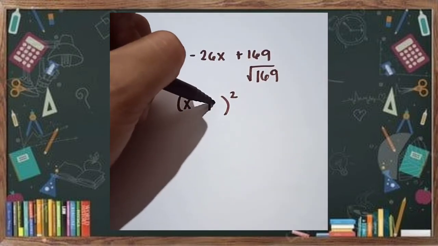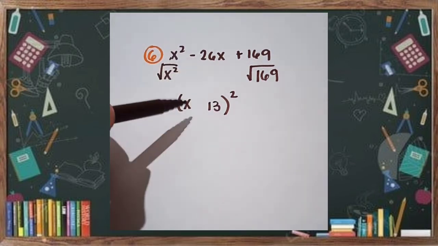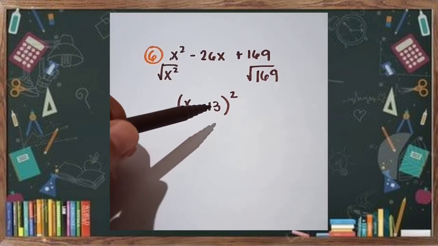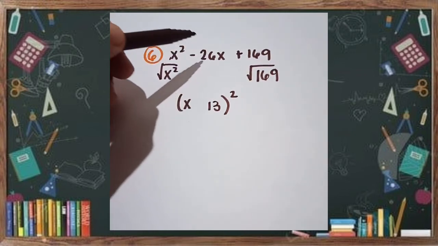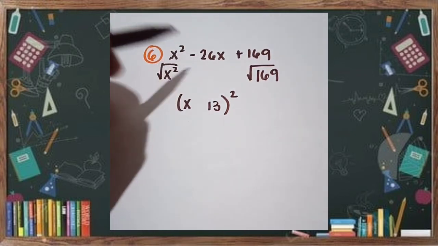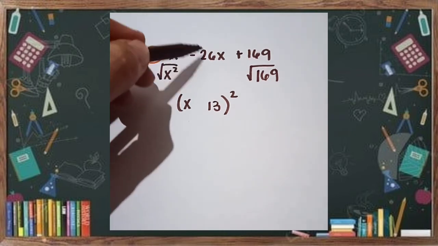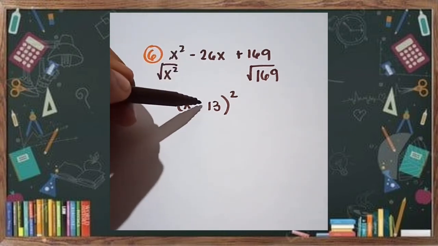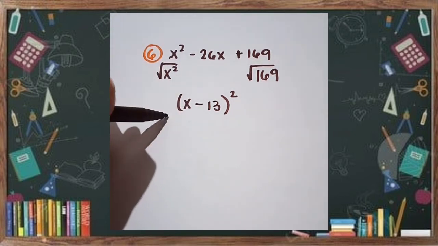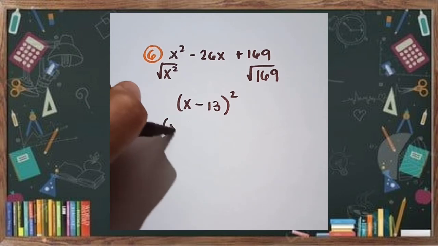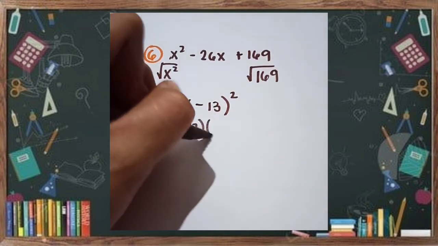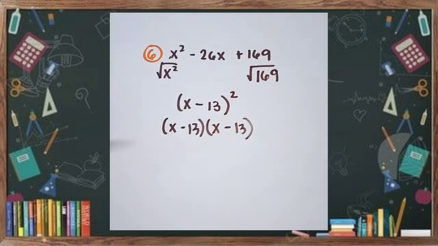It is 13. Then, x times 13 ay 13x, times 2 ay equals to 26x. So, ano ba yung sign ng ating middle term? So, kopyahin na lang din natin yung sign which is negative. Kaya ang factors ng ating perfect square trinomial ay x minus 13 and x minus 13.